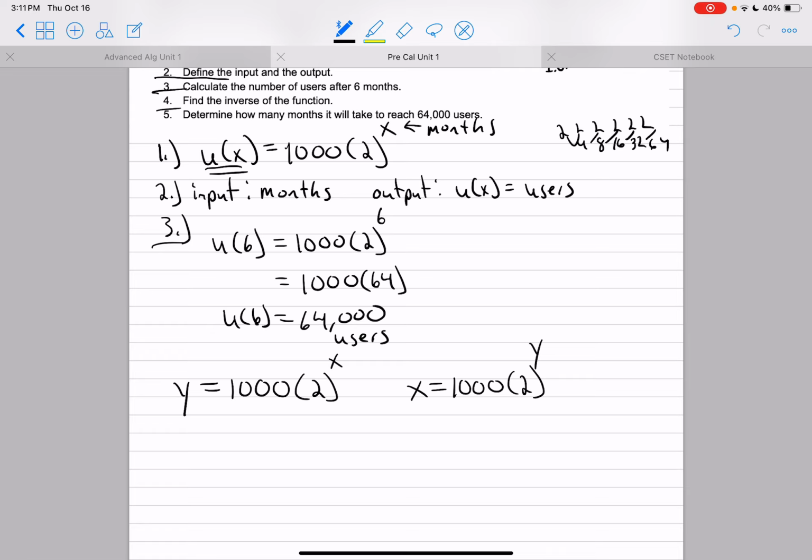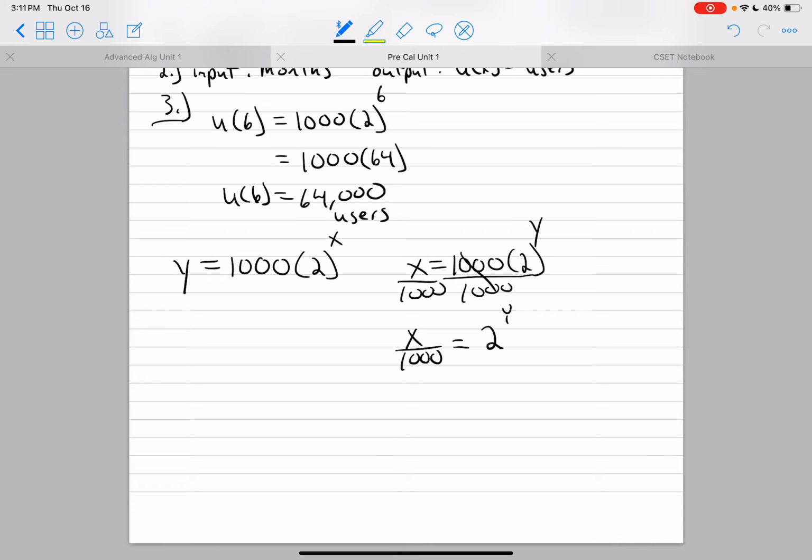Solve for y. All right. Again, I can do this. All right, let me see. Let me go ahead and divide by 1,000. Divide by 1,000. So x over 1,000 equals 2 to the y.